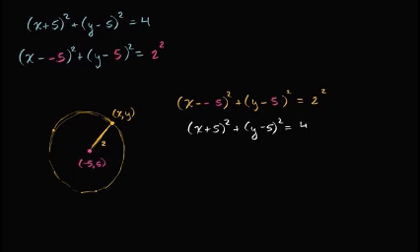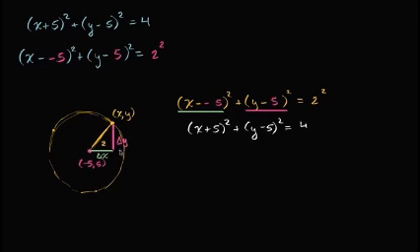I really dislike it when formulas are just memorized and you don't see the connection to other things. Notice we can construct a nice little right triangle here. Our change in x is that right over there, and our change in y, not the change in y squared, but our change in y, is that right over there.